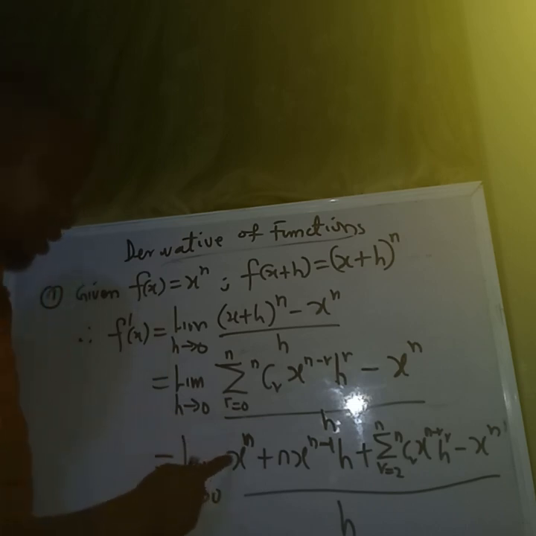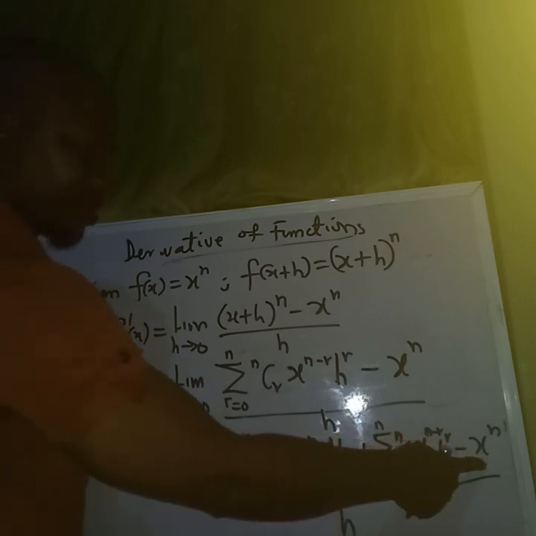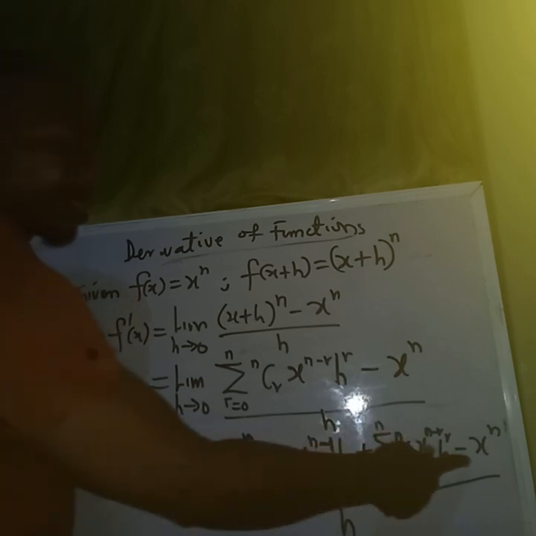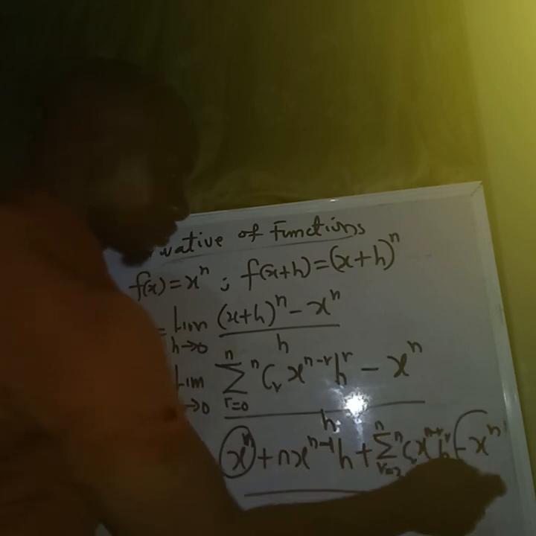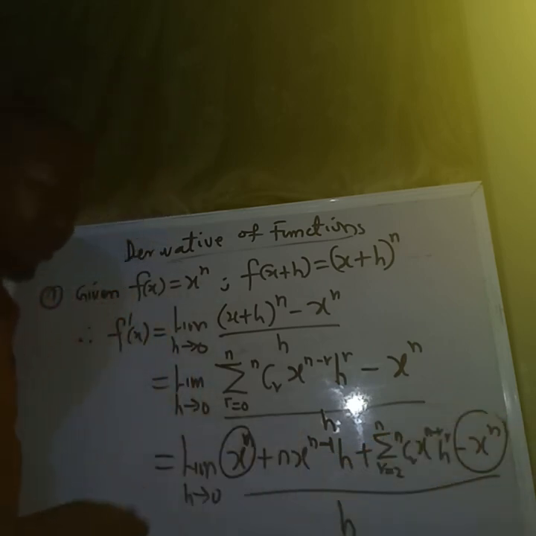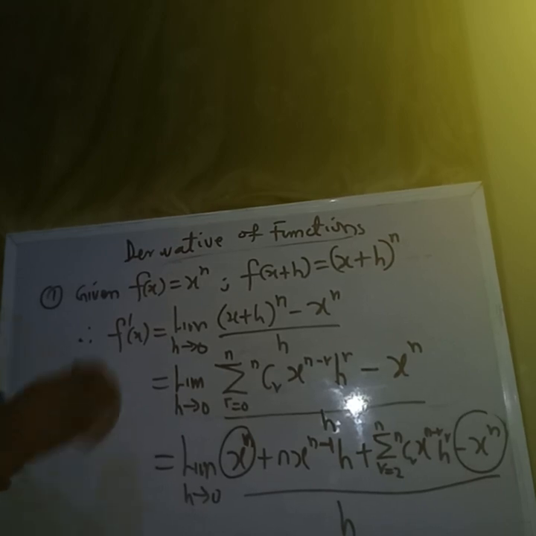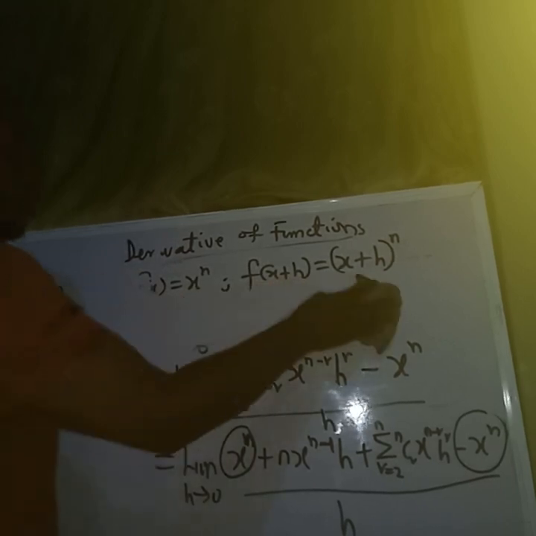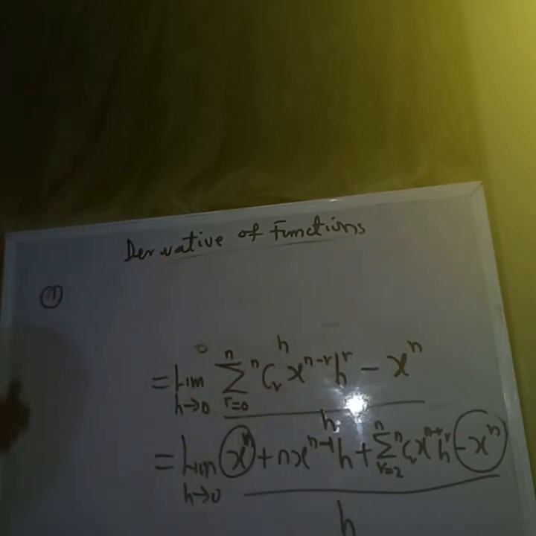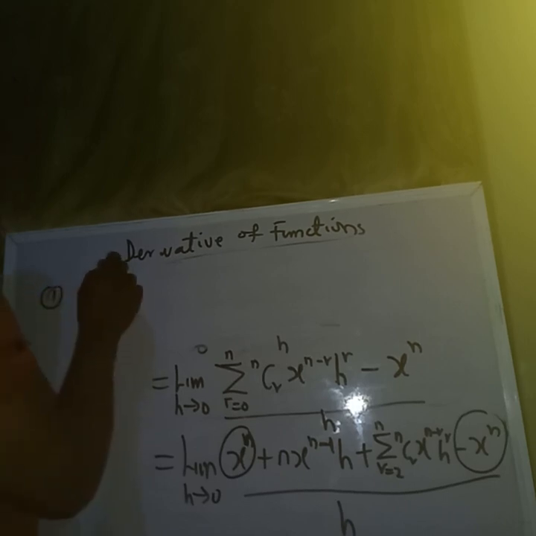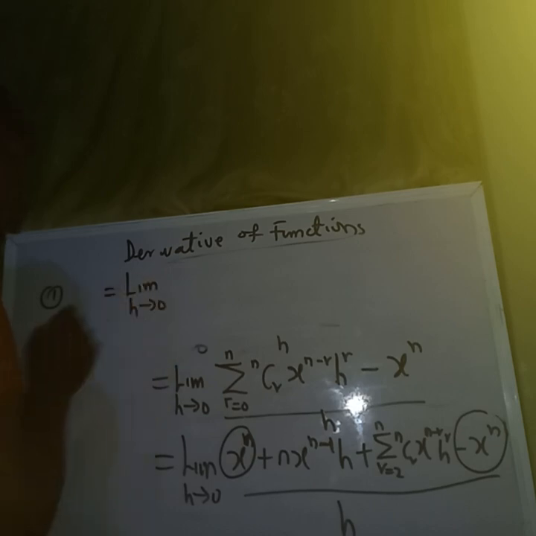So here you will see that the first term here is the same term as this. This has a positive and this has a negative, so these two terms take care of one another. And we are now left with the limit as h tends to 0.